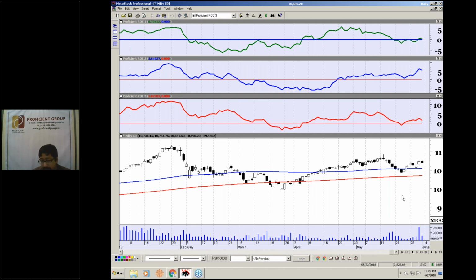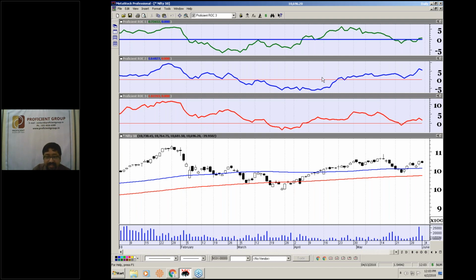Both books are written by Martin Pring. And the KST concept is given there. Now I'm going to construct the KST from these ROCs. What is the idea? The idea of the KST is to merge all the ROCs of these varying time frames into one single ROC, and that ROC will then be called the KST, right?